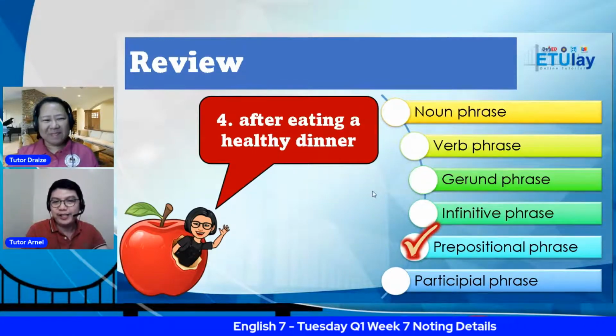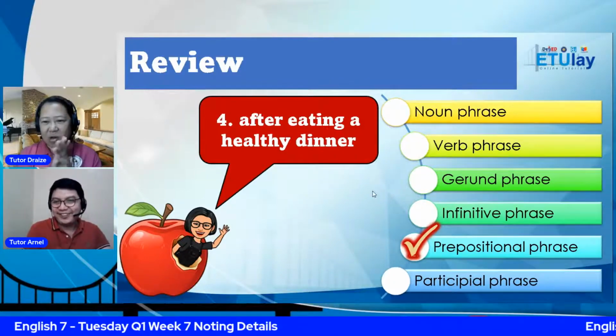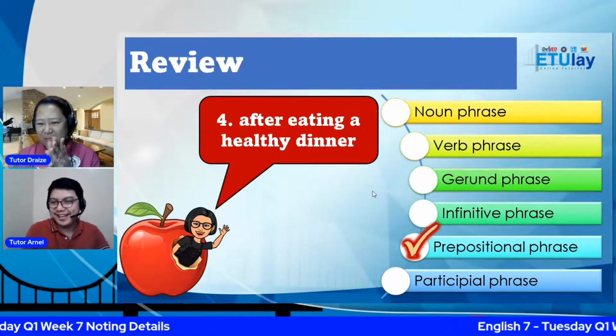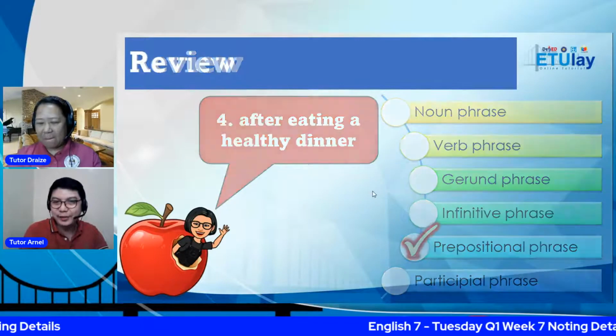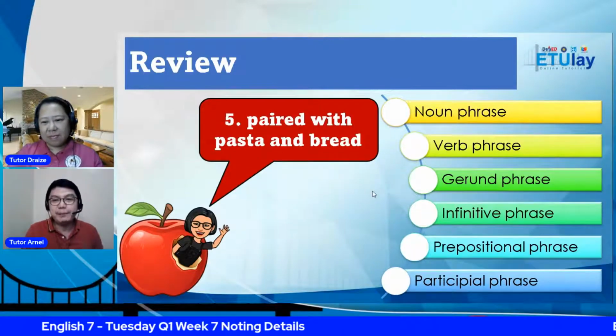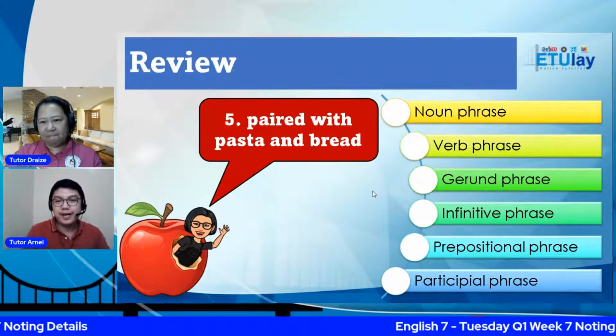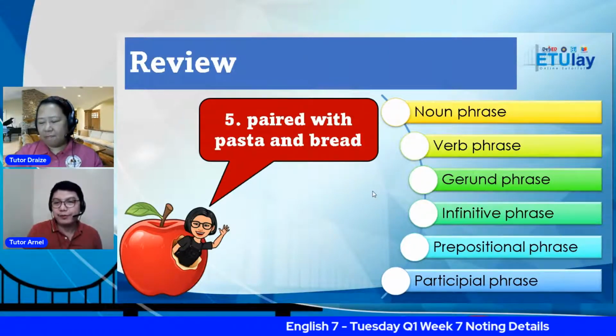Number four is a prepositional phrase. Okay, Cyrus got it. That's right. Congratulations, Cyrus. And of course, the last item for our review will be phrase number five. It is "paired with pasta and bread." So what type of phrase is that?